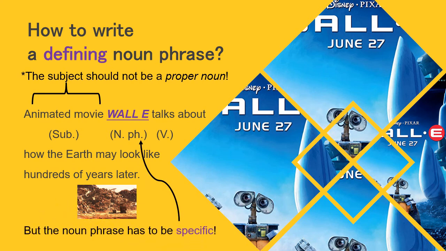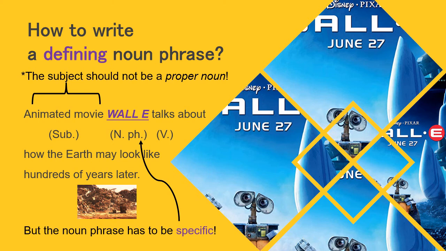So the noun phrase that is WALL-E has to be specific. It has to make sure that any reader will have no misunderstanding when he or she reads this sentence. You may argue that WALL-E is the name of the animated movie.